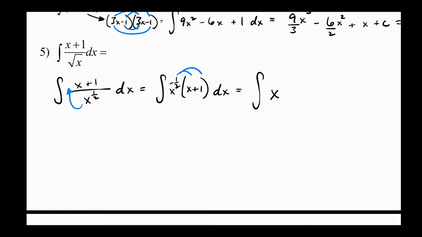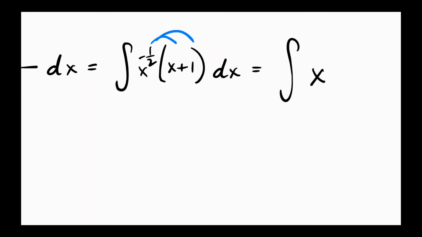So when I distribute x to the negative 1/2 times x, what do I get? How do I figure that out? So this is a 1, right?